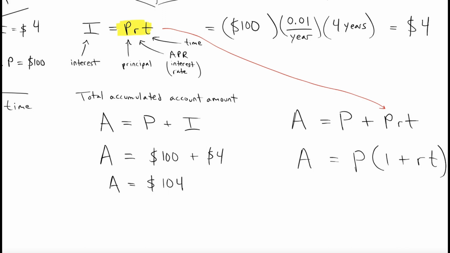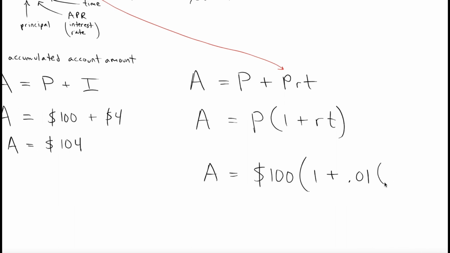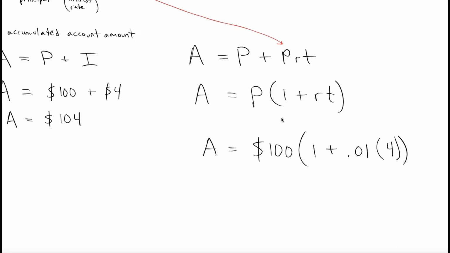Let's see if it gives the correct value for me. In my example, 4 years later, I show up having put in an initial $100 originally, and then I add 0.01 times the time of 4 years, or me lending them my money. Do this on a calculator and you'll see it is also $104.